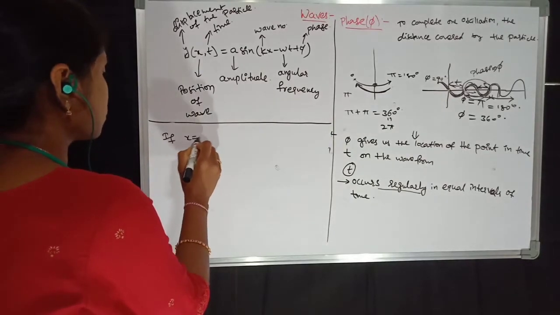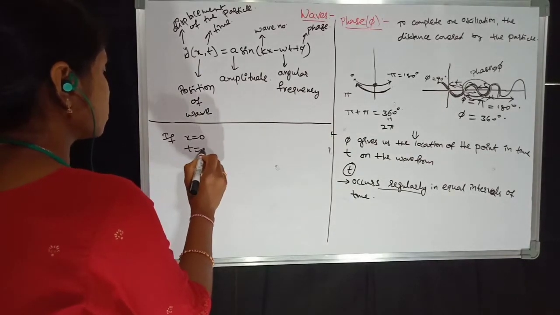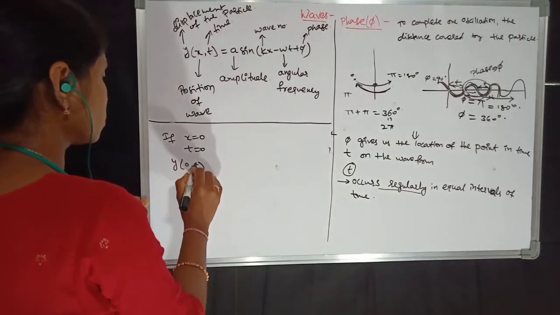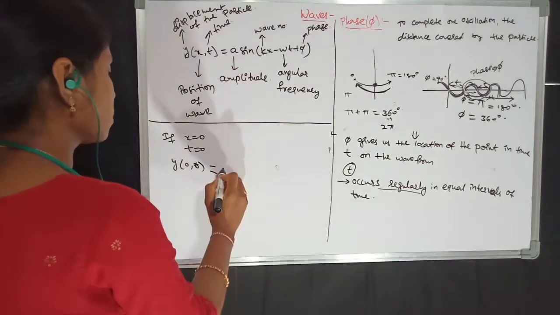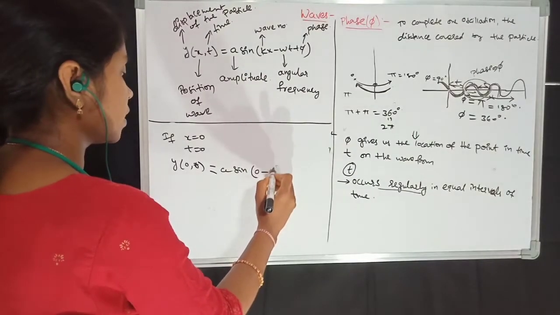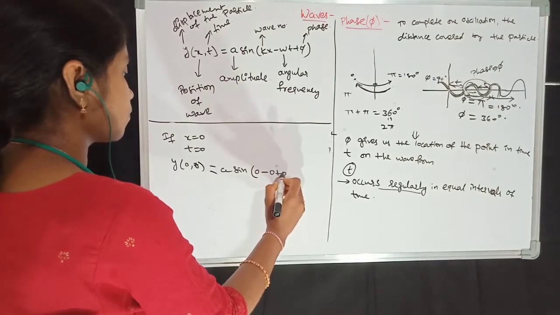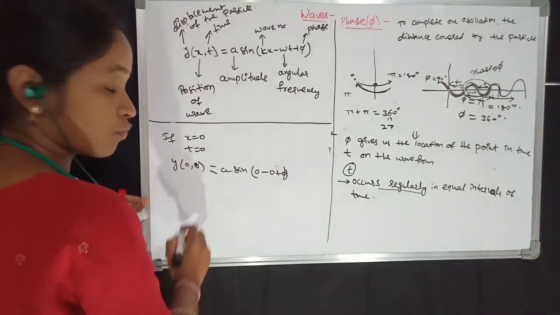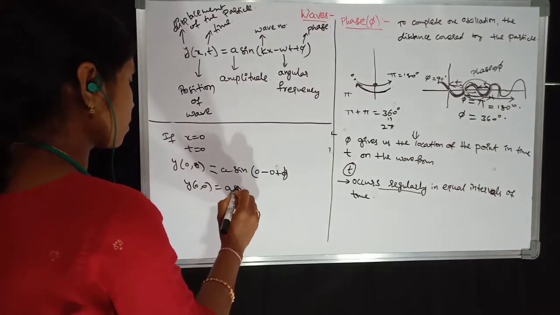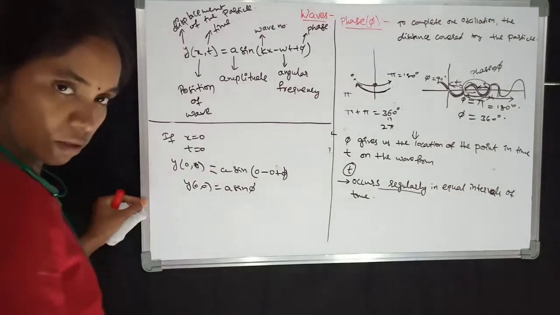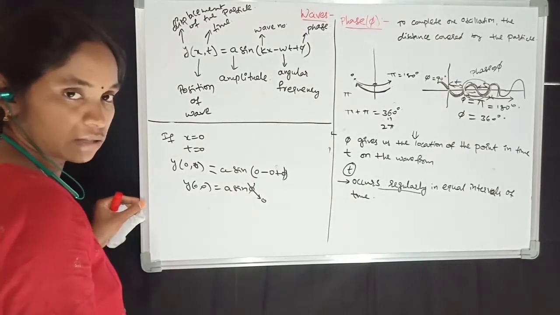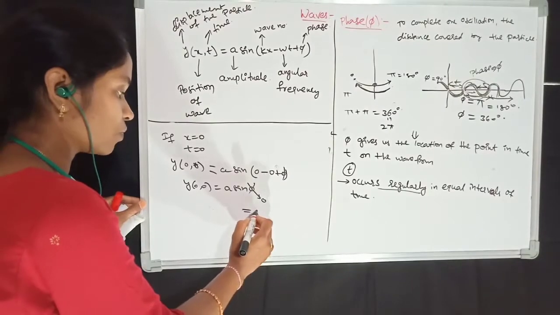if x is equal to 0 and t is equal to 0, substitute in this equation: y of 0, 0 is equal to a sin of k into 0, which is 0, minus omega into 0, which is 0, plus phi. Here y of 0, 0 is equal to a sin phi. If this phi is also equal to 0, sin 0 will be 0, then there is no waveform.